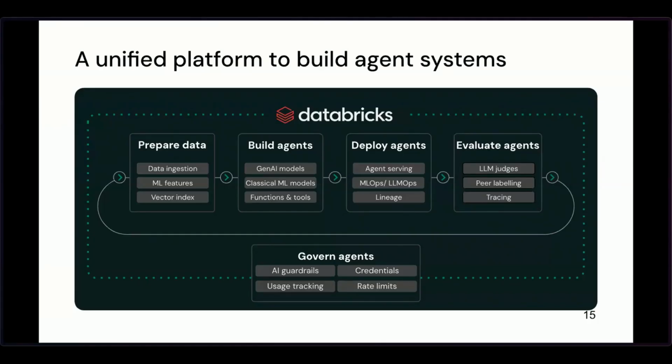So you can automatically generate vector indexes, for example, and agent features from your production data. So it makes it much easier and faster to customize AI models with your data. And you're then able to build AI agent systems, fine-tune open source LLMs, train custom LLMs, classical ML models, anything you might want to do related to AI systems in production, we provide the tooling to support.